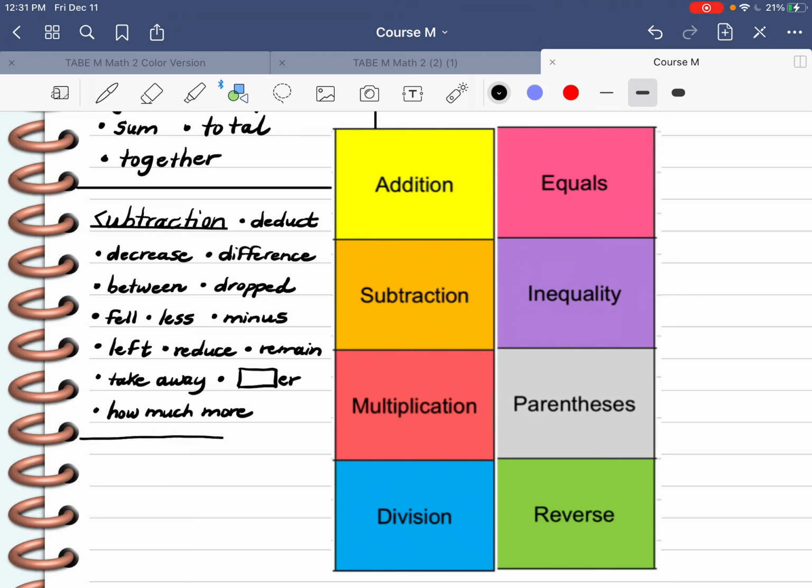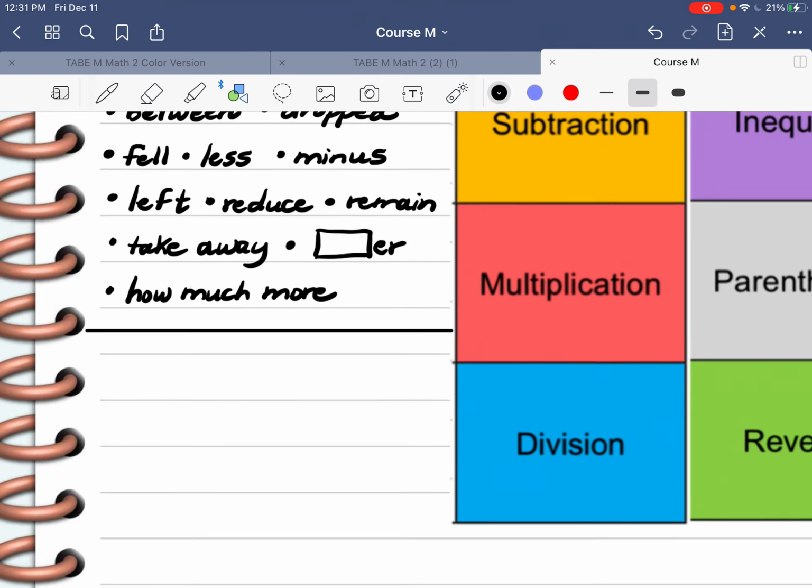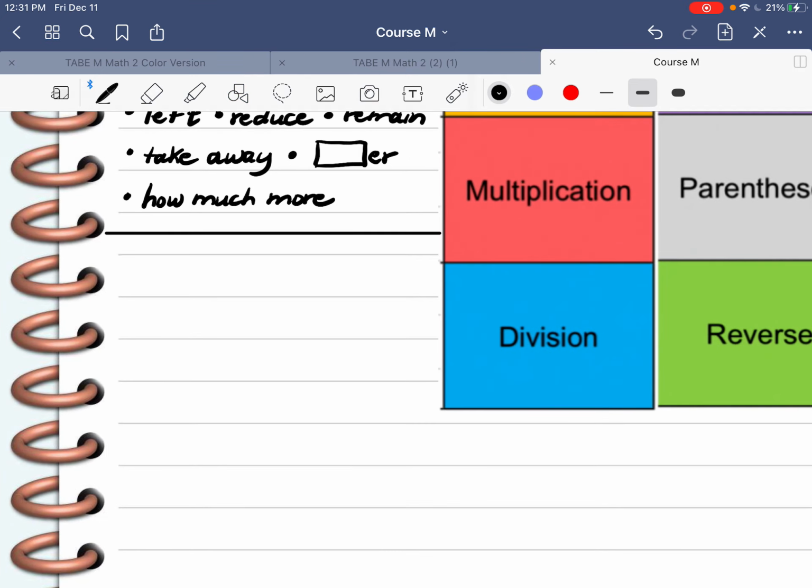Okay, multiplication. So open up your multiplication door. And here we go.